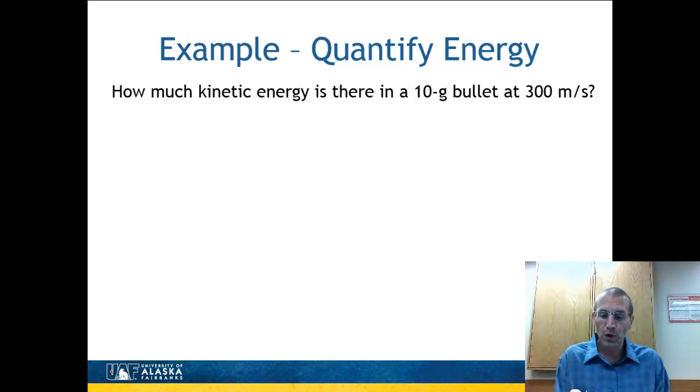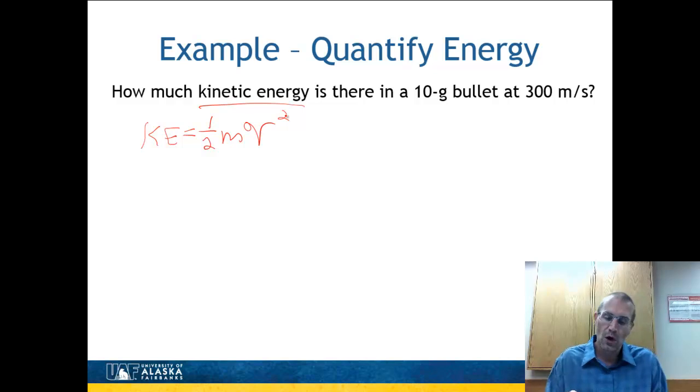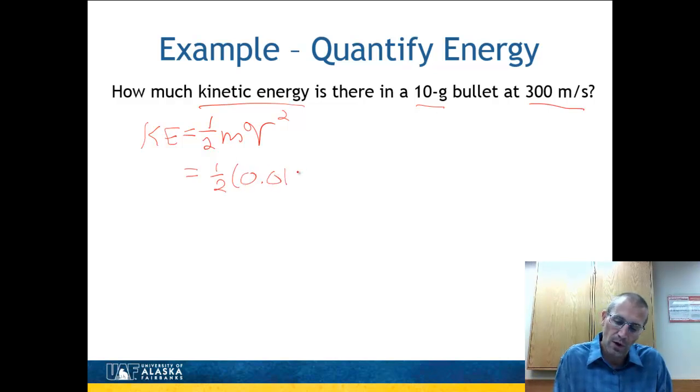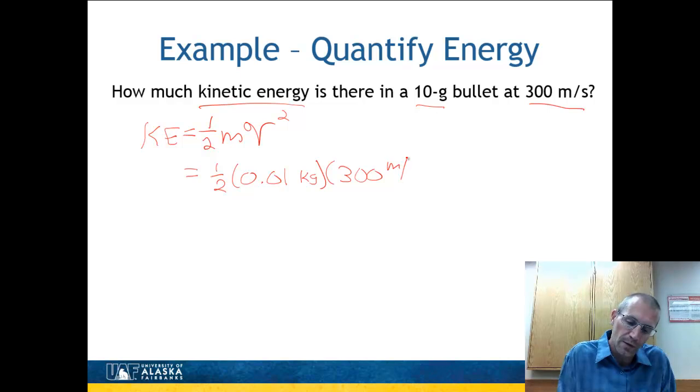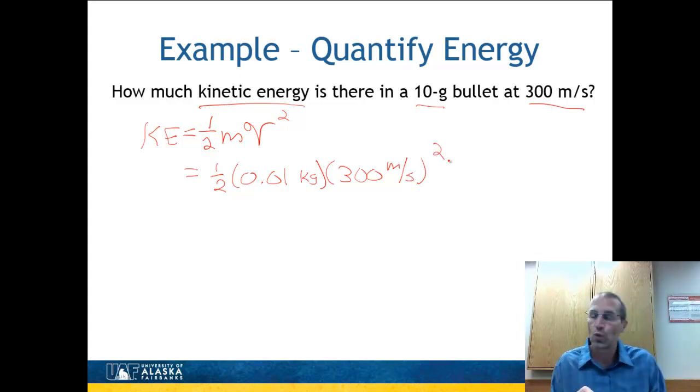Okay, well, what we're asking for here is the amount of kinetic energy. So we know from physics that kinetic energy is equal to 1/2 mv squared, where it's 1/2 times the mass times the velocity squared. Well, we're actually given the mass and given the velocity, so we can go ahead and just plug those numbers right in. 1/2, 0.01 kilograms, which is 10 grams, and a velocity of 300 meters per second squared.